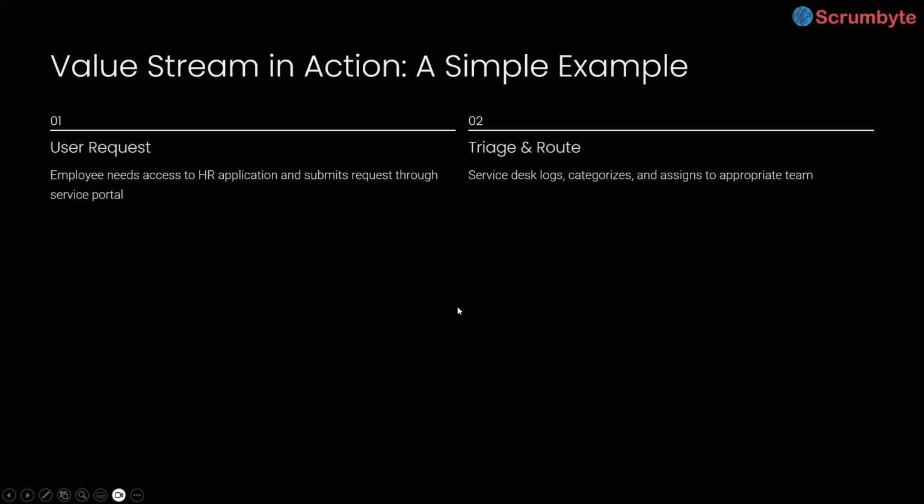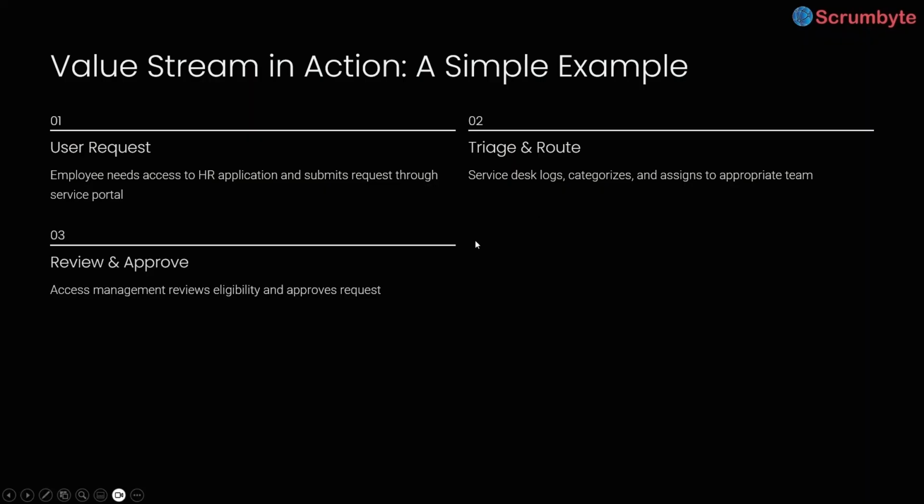Now, as soon as the request is received, there is some kind of triage. The service desk will log the request, categorize it depending upon who is asking for it, and assign it to a specific team.